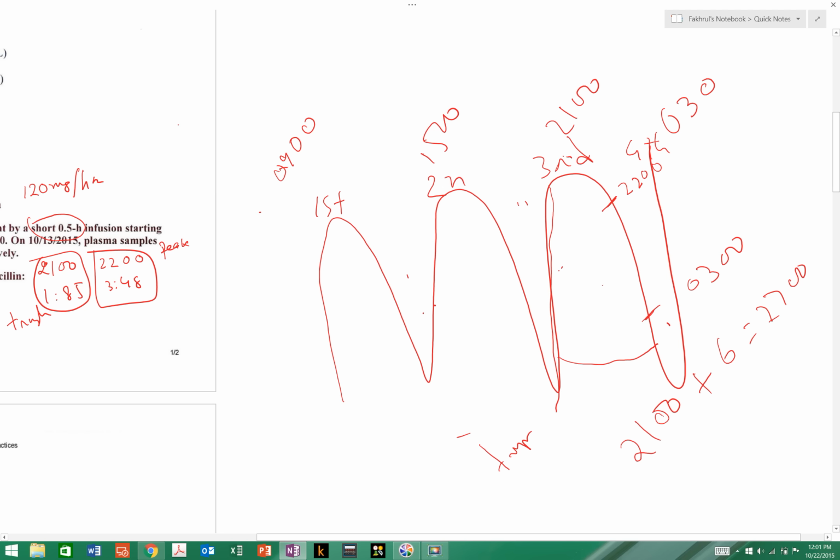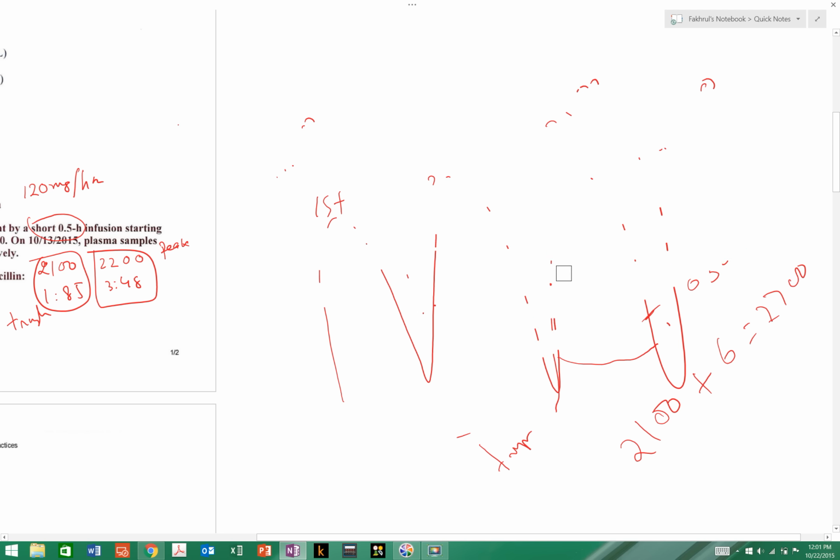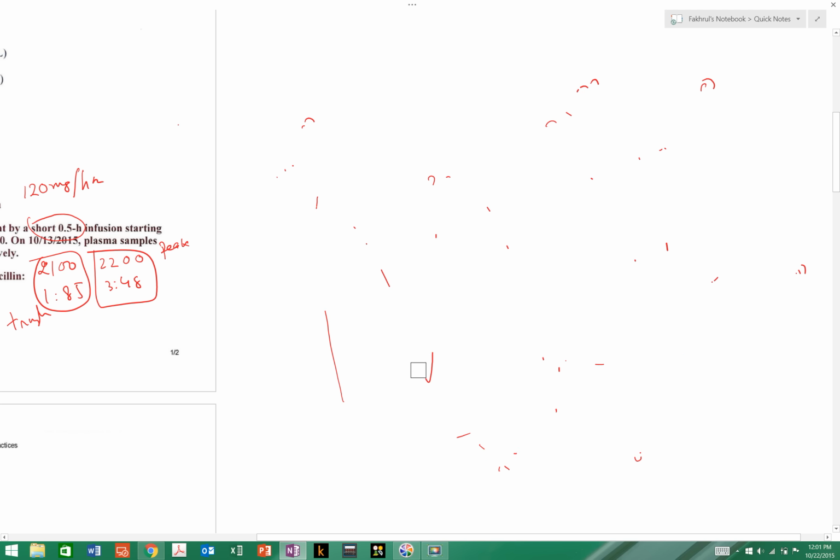So now you know the real time of T trough and T peak, so you know the difference. Now here you plot it again. This is 2200, this is 2100, and this is your 0300, which is 2700, and the following day you'd give another dose.